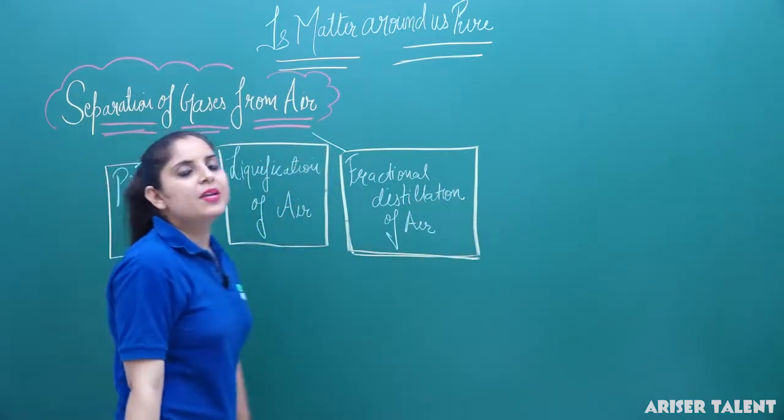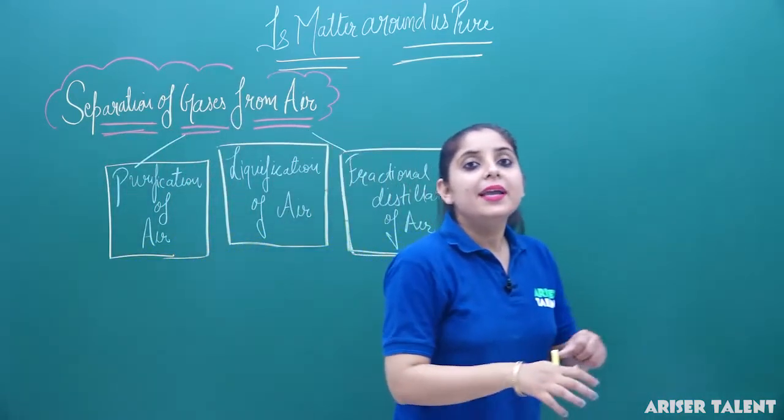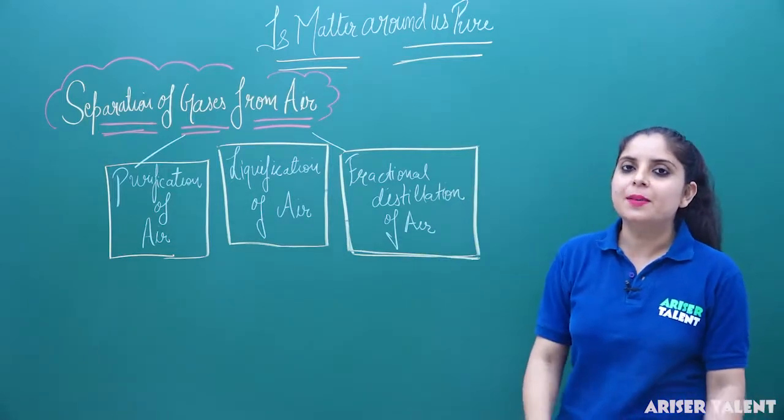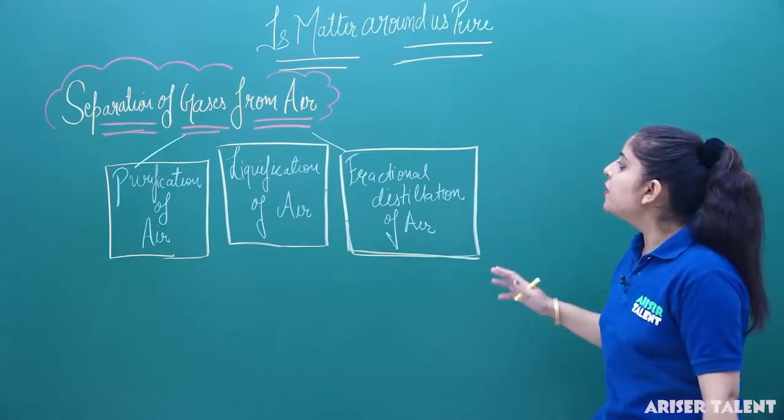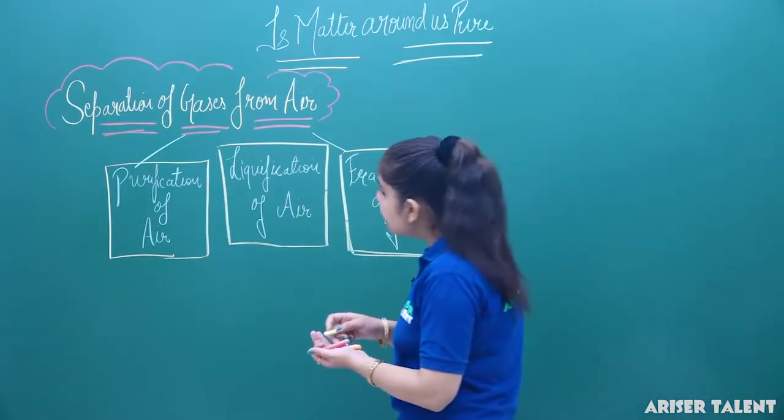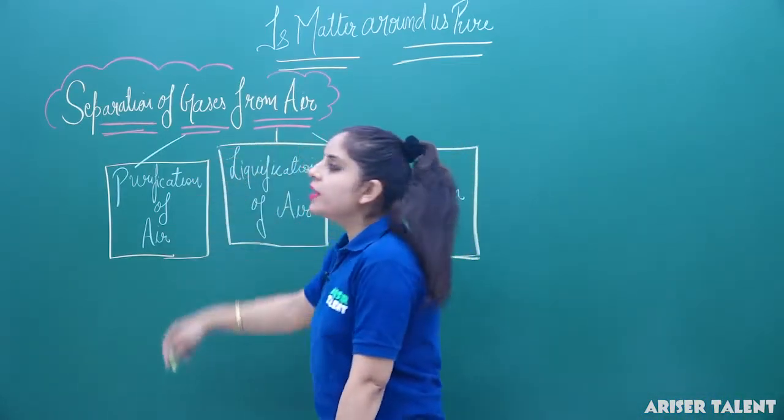So these are the 3 major steps we are going to follow in the separation of the gases from the air. The first step we are going to follow is all about purification of the air.